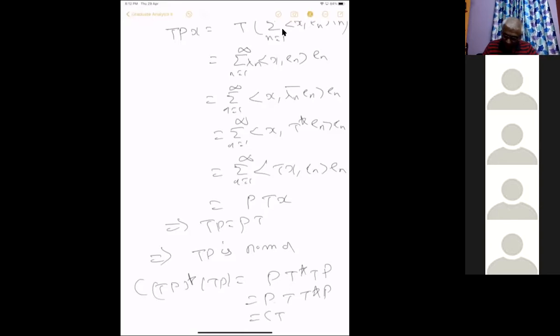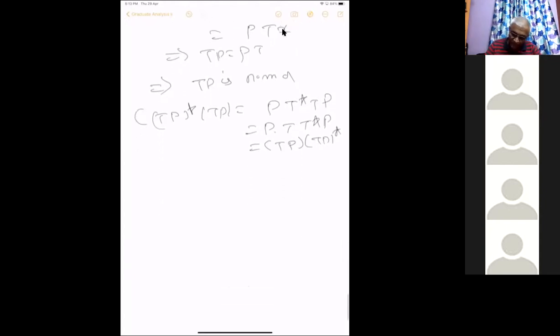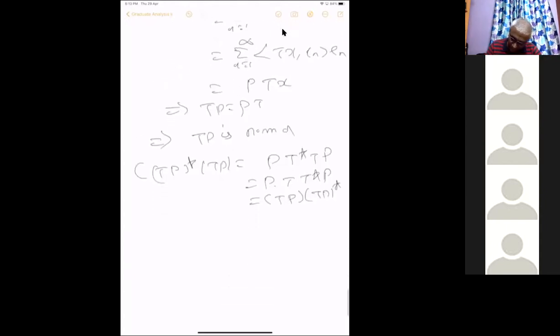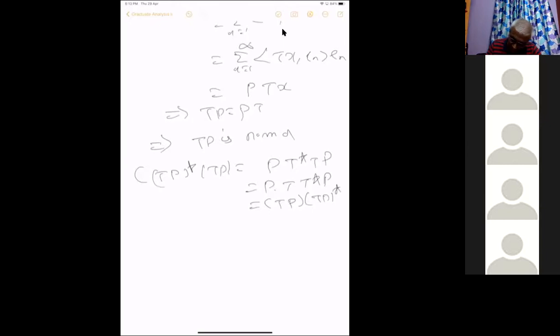Since P and T commute, you can write it as TP. P is self-adjoint, so if P commutes with T, it commutes with T star also. If you take the star in this equation, it will commute with the star also. So it is clear. Okay. So this is normal. This implies 1 minus P T is also normal.